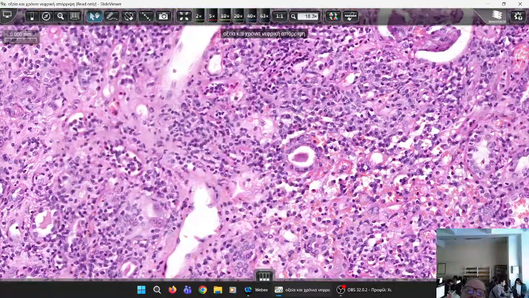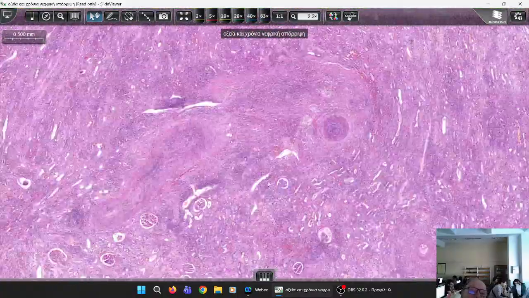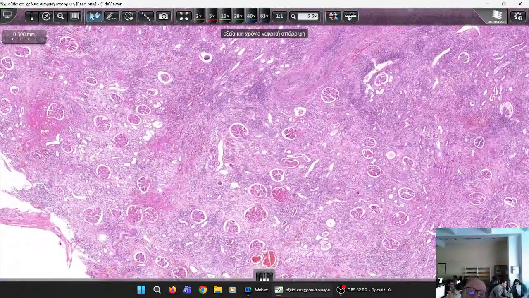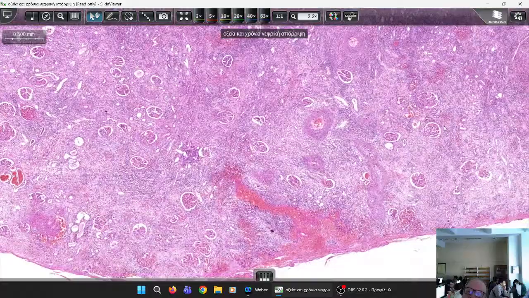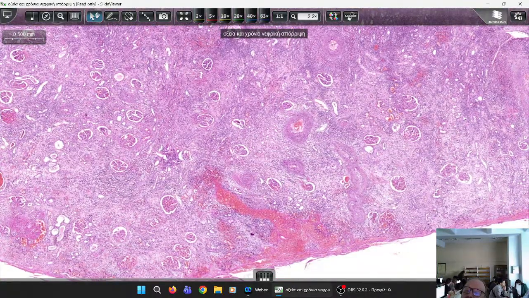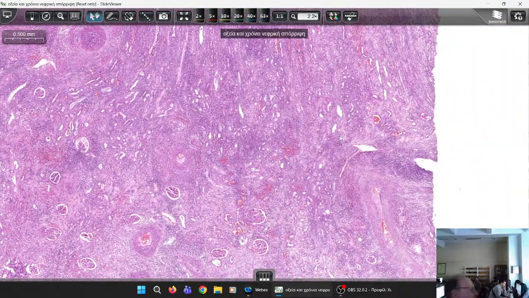Here is a tubule, and we have all these rejection. However, there is another type of rejection, which is, however, only immunohistochemically defined, and it has to do with C1q immunopositivity.